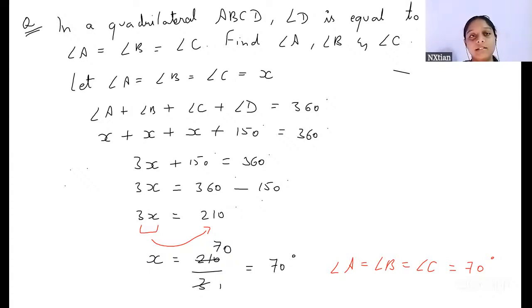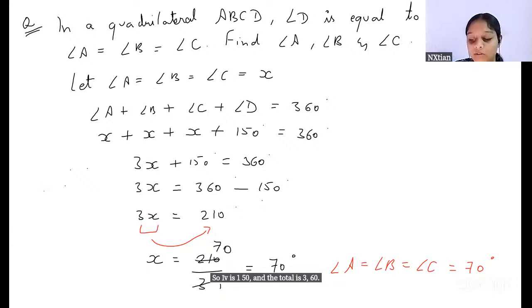First, the question says that A, B, and C are equal. We know that the angle D is 150 and the total is 360.